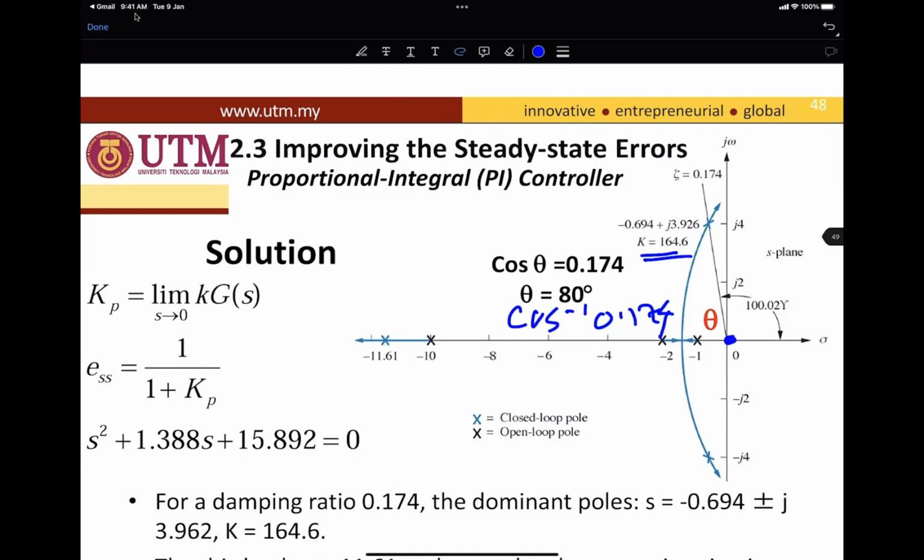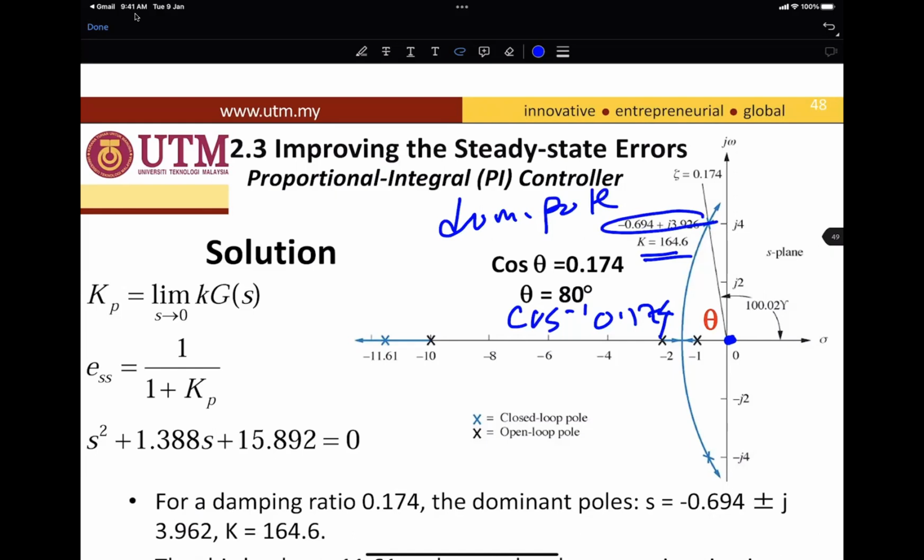K is equal to the magnitude of the poles divided by the magnitude of the zeros, and then insert the value of s, which is the dominant pole, minus 0.694 plus j3.9. So this is the dominant pole over here.